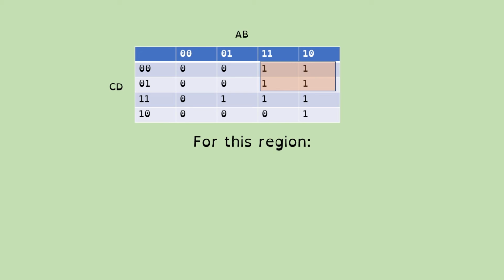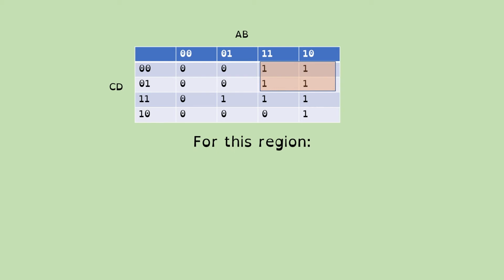That's the binary numbers A, B, C, D, and we can see that inside this orange box the B element changes between the two columns, the 11 and the 10. So the B element can be 1 or it can be 0, so it doesn't matter for this region.